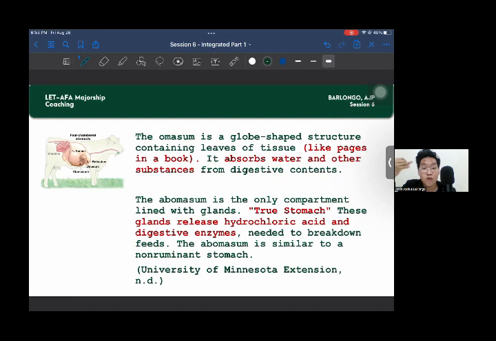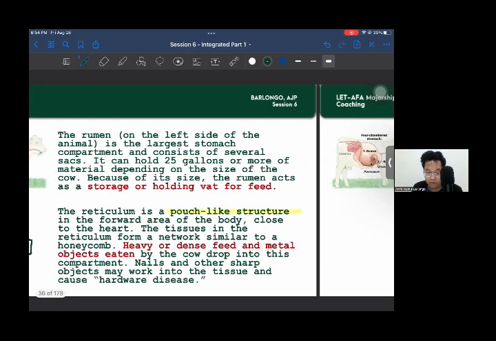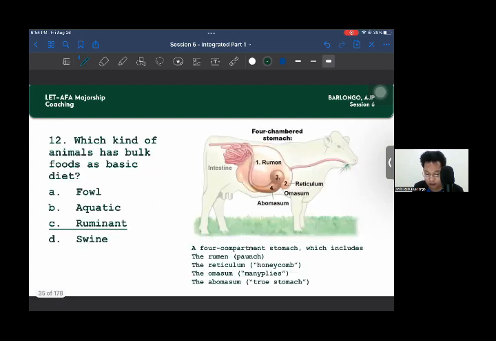Ang reticulum, ito yung honeycomb, kung saan napupunta yung mga other materials like nails and yung mga foreign objects na nai-ingest ng ating mga ruminants. Omasum naman, it absorbs water and other substances from the digestive contents. And yung abomasum, ito yung breakdown ng mga nutrients para magamit ng katawan ng hayop na yon. Alright? So I hope it is clear sa part na yon.